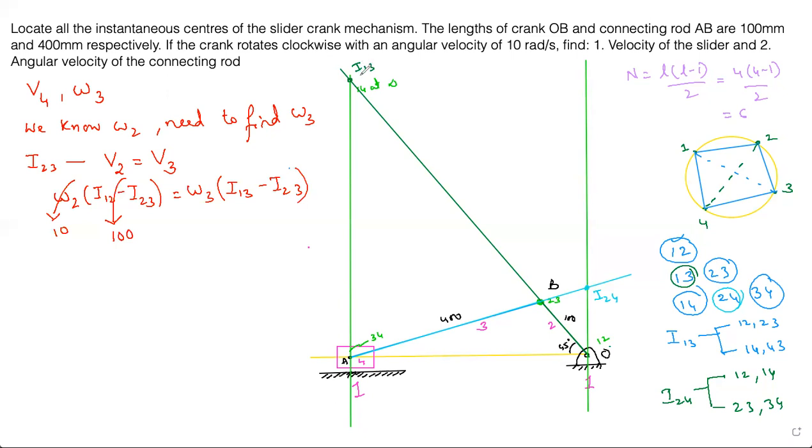Yes, on the top. And where is I23? I23 is here. So you get I13 to I23 as 560 mm. Now cross multiply, you will have omega 3 equal to 1.78 radians per second. Now you got omega 3, which solves the first part of this problem.